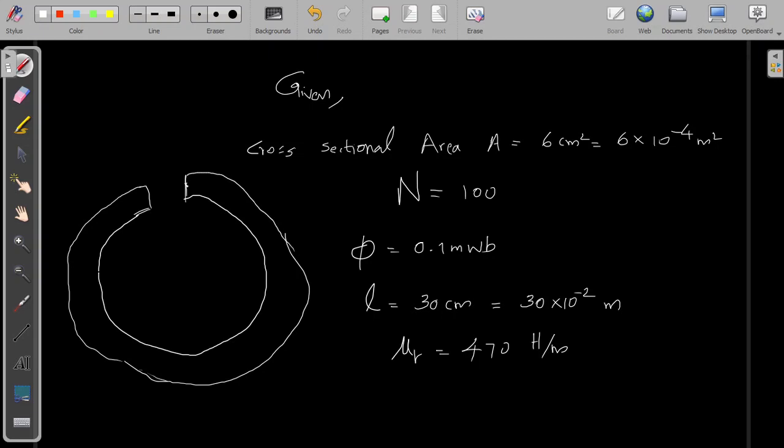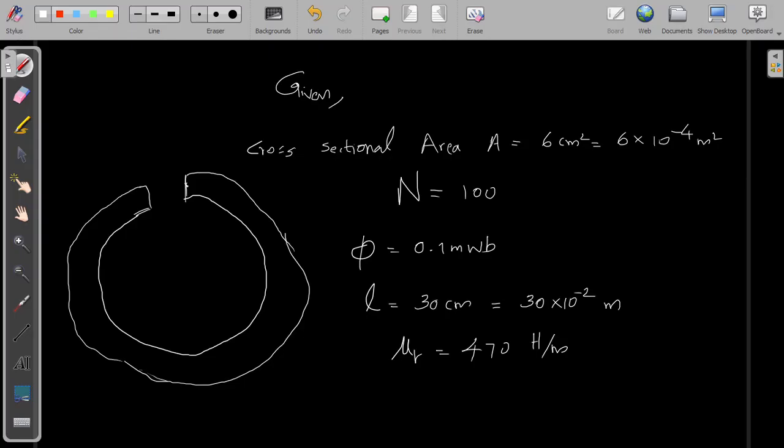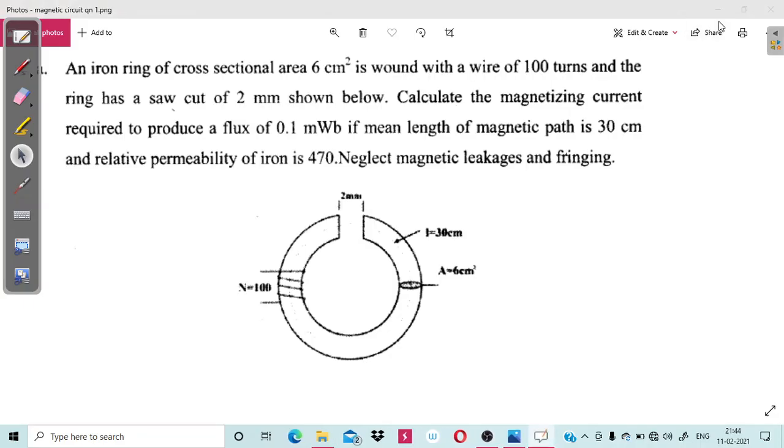And the number of turns, actually it is 1 2 3 turns, but just imagine that N equal to 100, not 10. Sorry.